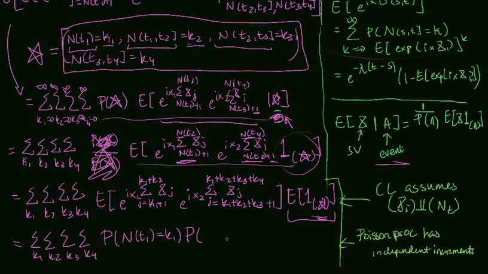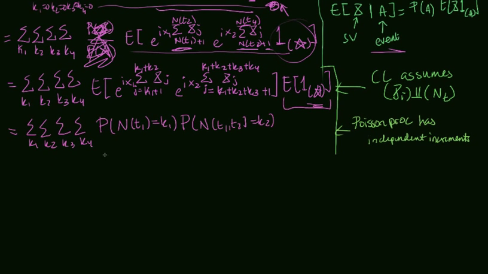So independent increments allow us to write the mean of the indicator of the next event in a separate term. So the probability of the increment of n from t1 to t2 being equal to k2. And then we continue. We have the probability of the next increment being equal to k3, and then the probability of the next increment being equal to k4.